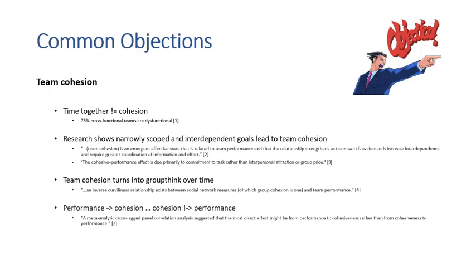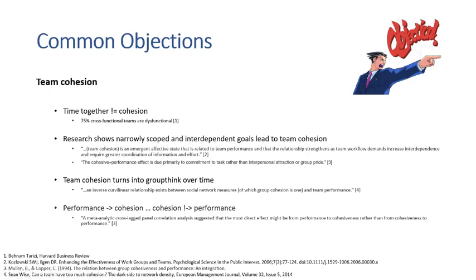I do mention that a little bit later on in this slide, but I do have some resources for each one of these things. So I have marked on there: 75% of cross-functional teams are dysfunctional. That is a statistic that I pulled off of a Harvard Business Review study, and it was an article posted by Benjamin Teresi from Harvard Business Review.